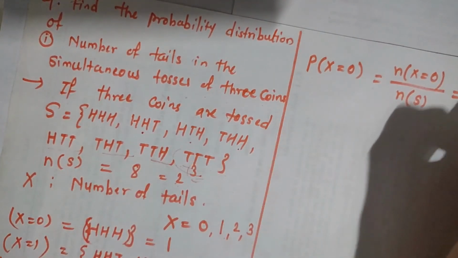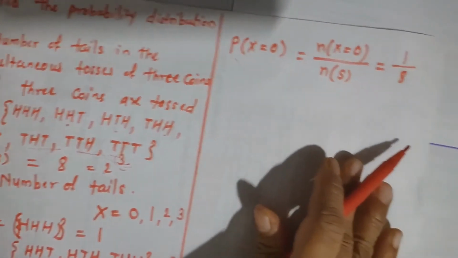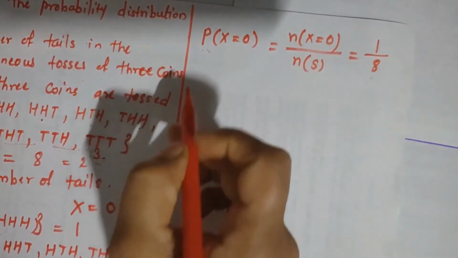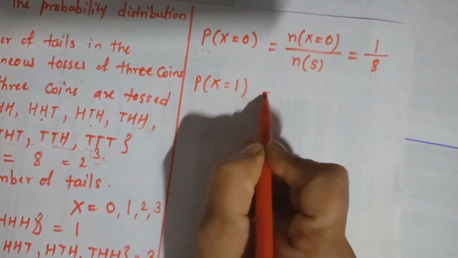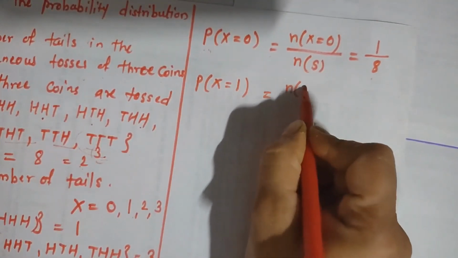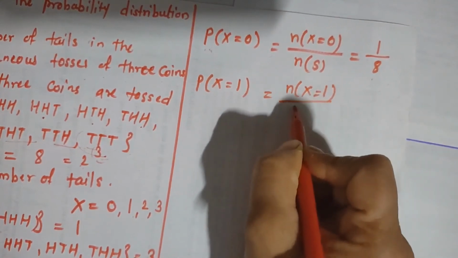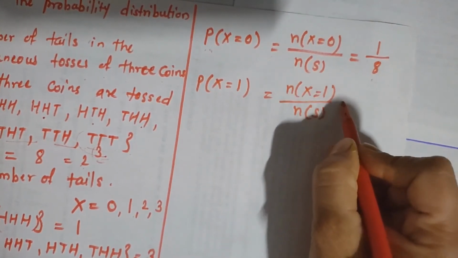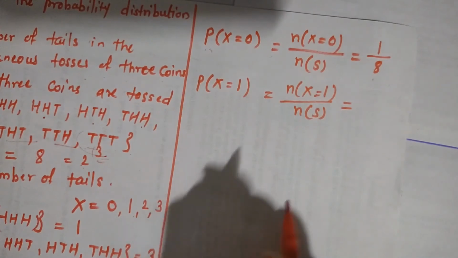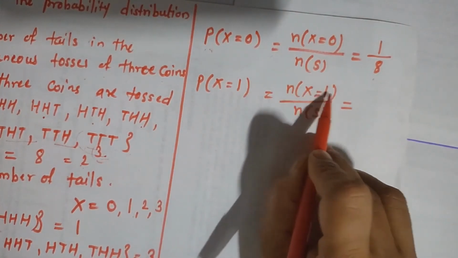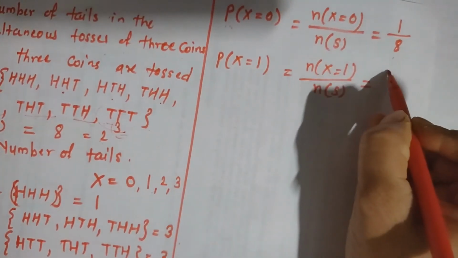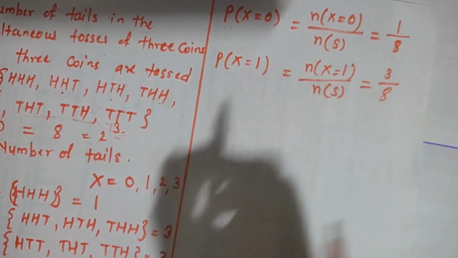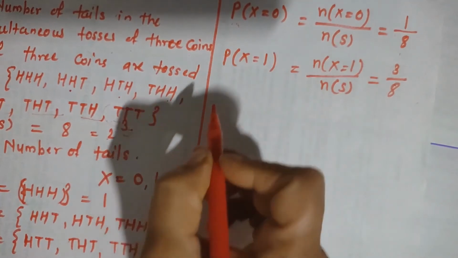So for X equal to 0, the probability is 1 upon 8. Next, the probability of X equal to 1 is the number of X equal to 1 upon the number of sample points. The number of X equal to 1 is 3, upon 8 sample points.